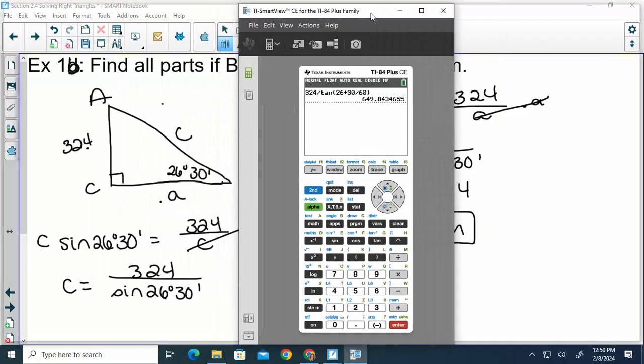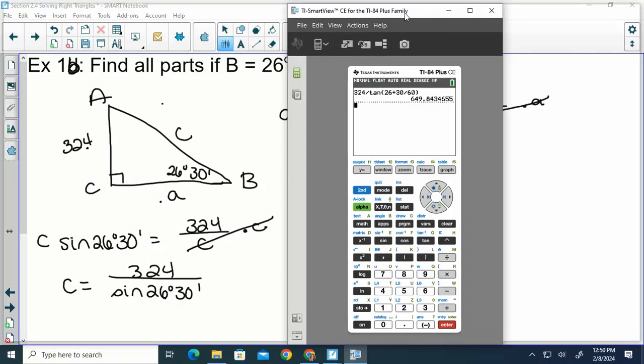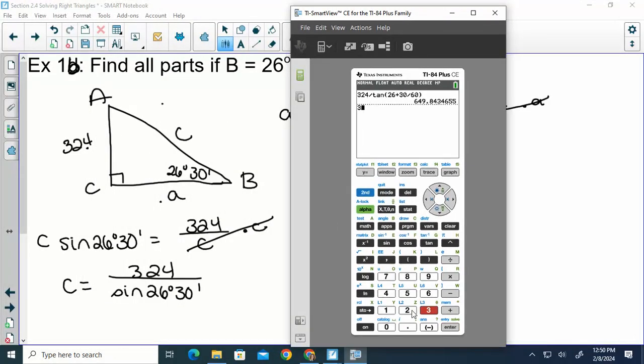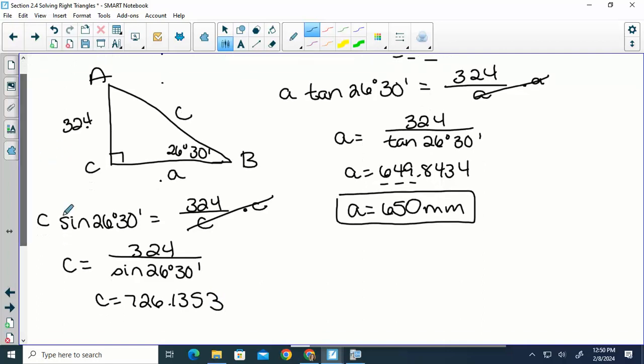So we get 324 divided by the sine of 26 plus 30 over 60. If we round to 3 significant digits, what would it be? 72 cents.